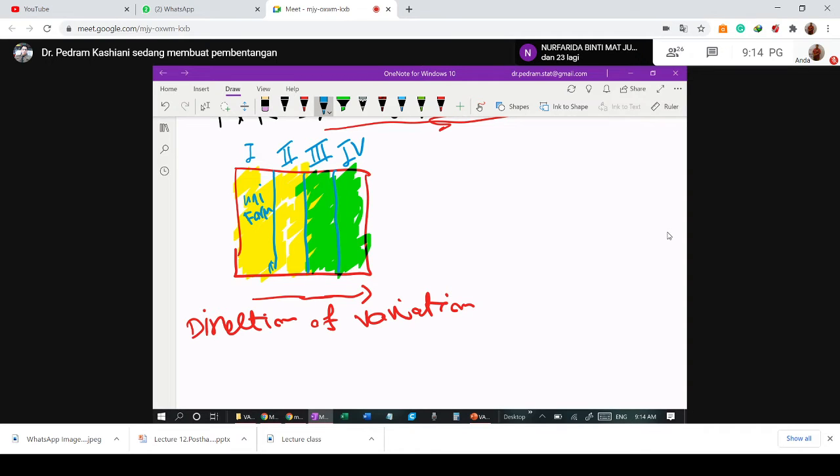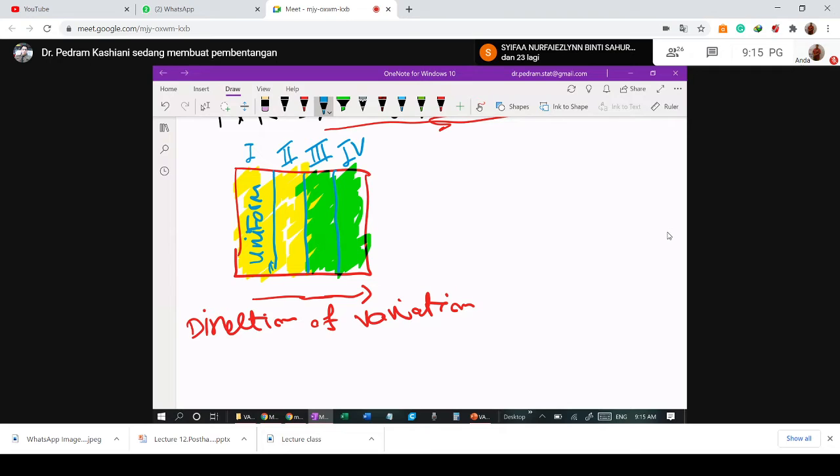This variation will be extracted using the block effect in the ANOVA table. This variation does not go to the error. This variation goes to block. So in the source of variation, this variation will go to the block.